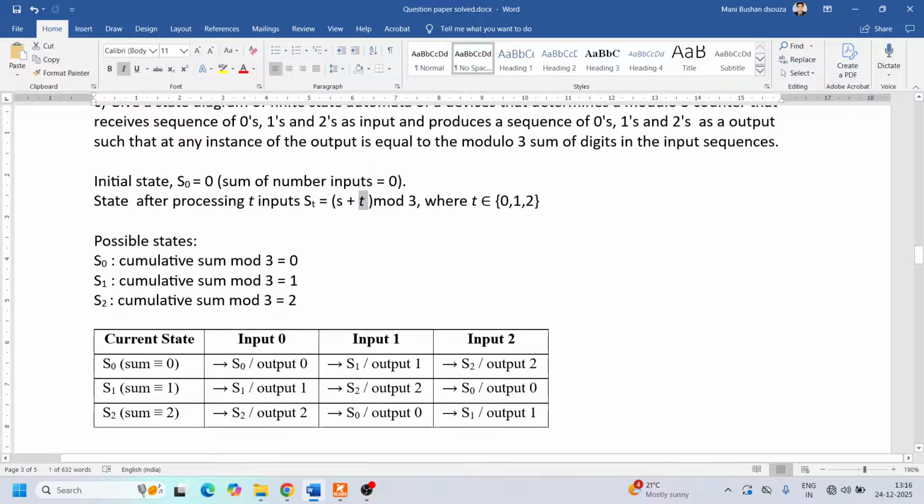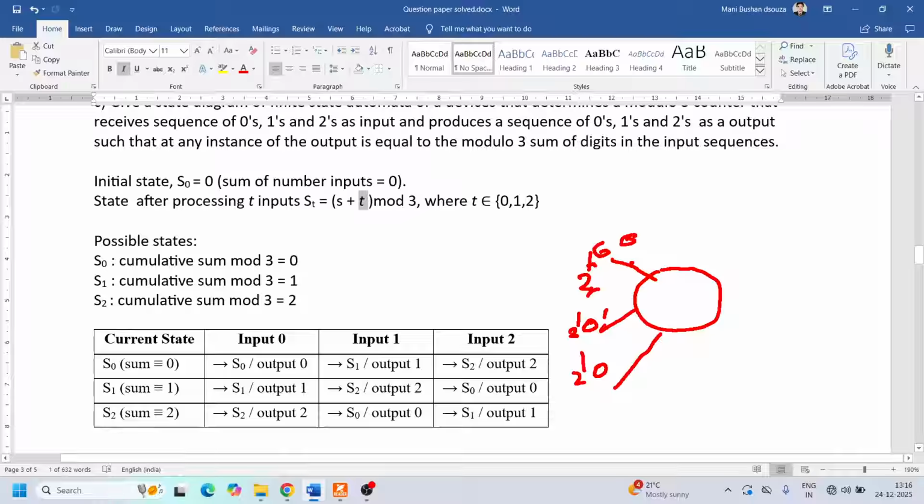Suppose you have the machine here, and it gets 3 inputs. Either all the inputs are 0, or all the inputs are 1, or all the inputs are 2, or anything. First input is 0, second input is 1, third input is 2, or first input is 2, second input is 2, third input is 0.